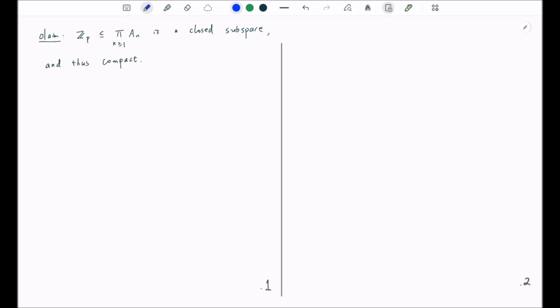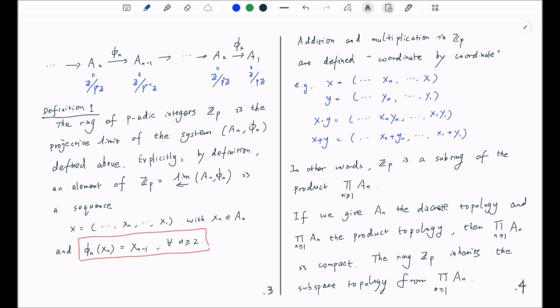And now let us check this. Indeed, let us take an element y that lives in this product space, but is not in Z_p. And we will show that this element has an open neighborhood that has empty intersection with Z_p. By definition, because this y is not in Z_p, namely not in this projective limit, it means that the element must violate this condition for some n.